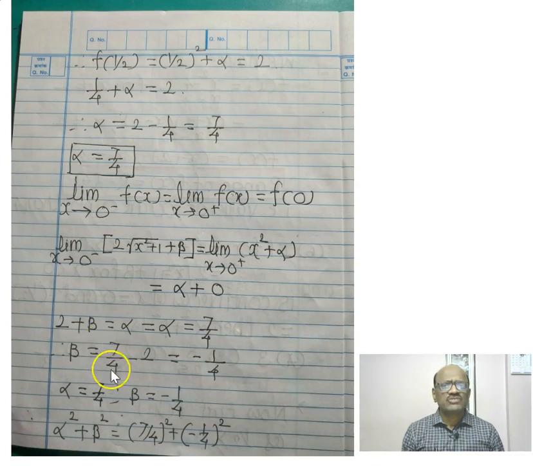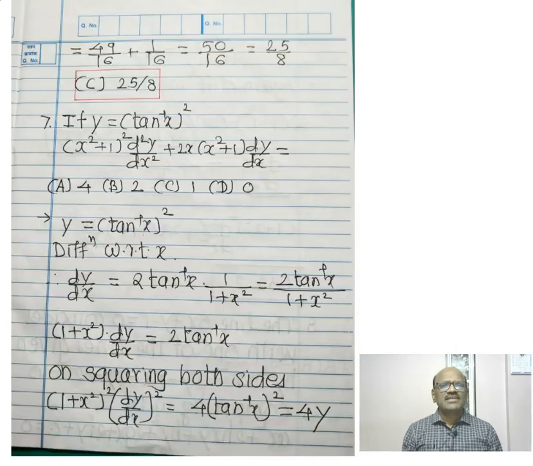Therefore, beta is equal to 7 by 4 minus 2, which is equal to minus 1 by 4. Now we have the two values: alpha is equal to 7 by 4 and beta is equal to minus 1 by 4. To find alpha square plus beta square, it is 7 by 4 bracket square plus minus 1 by 4 bracket square. Then you will get the value.